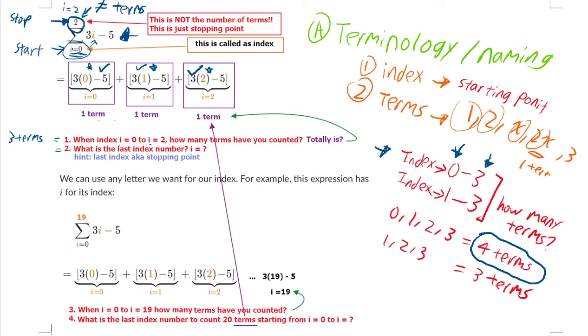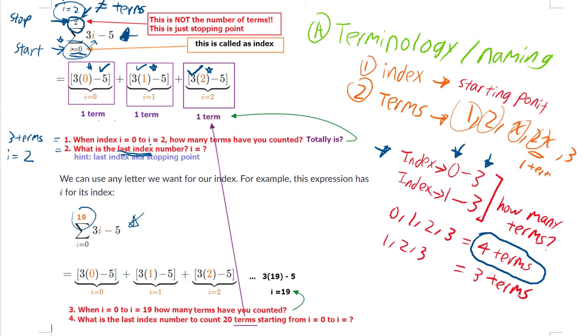So 0 or 2, which one is the stopping index? The question asks you what is the last index number. The last index number is also known as the stopping point. So the answer is I is equal to 2. Easy?